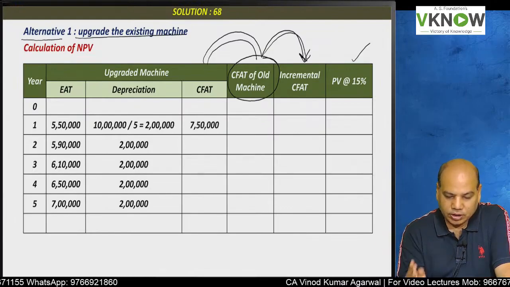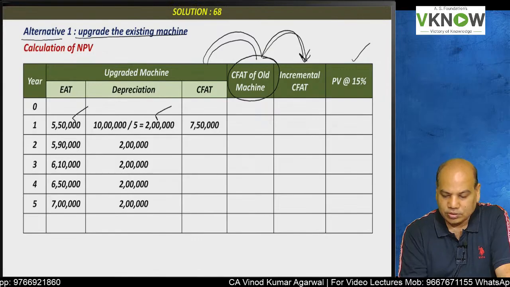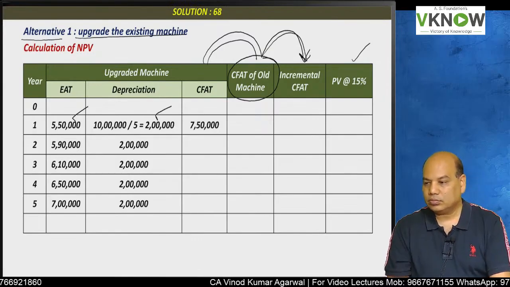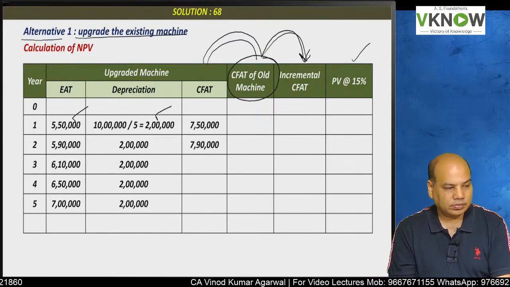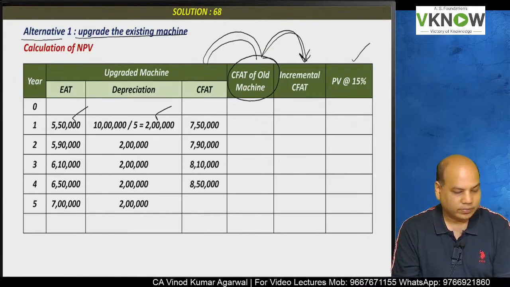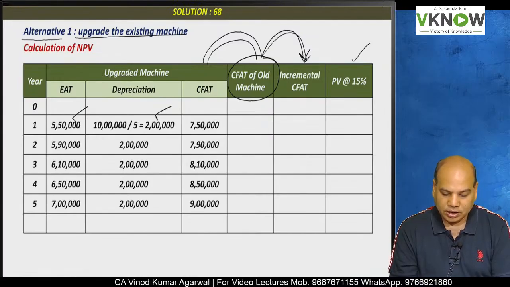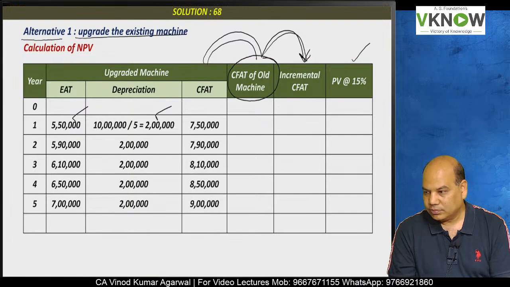CFAT will be earning after tax plus depreciation. So please add these two columns. 7,50,000, 7,90,000, 8,10,000, 8,50,000 and 9 lakh. Okay.